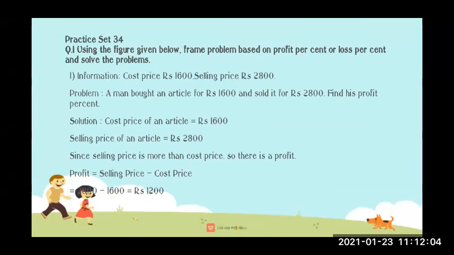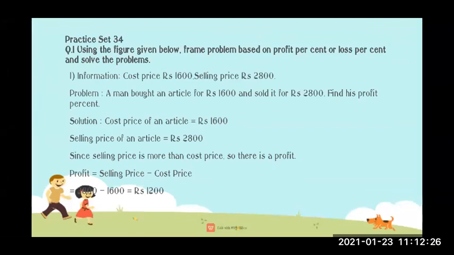So here a man bought an article worth rupees 1600 and then he sold it for rupees 2800. Now here you have to find the profit percent. Now the same thing we did in the other exercise, we are going to do for this also.